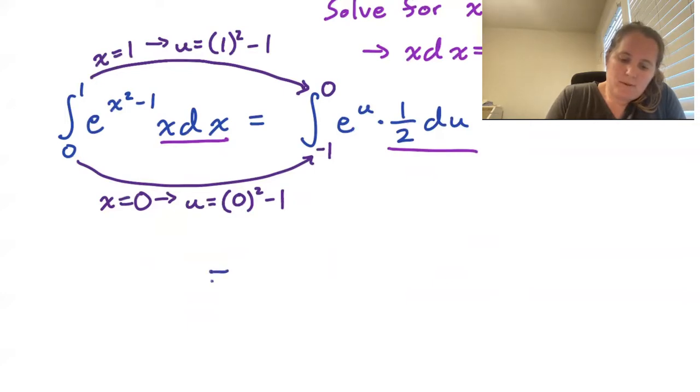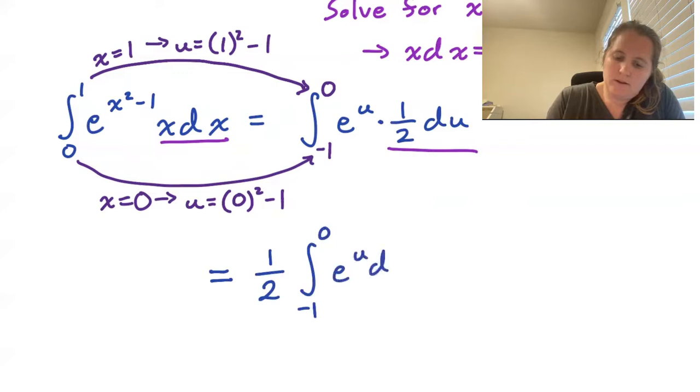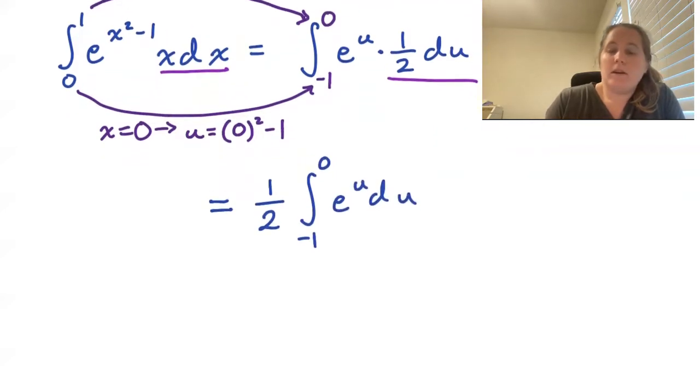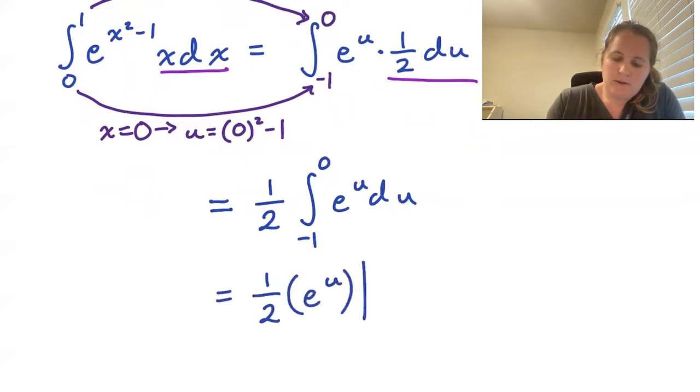So this becomes 1/2 times the definite integral from -1 to 0 of e to the u du. Integral of e to the u is just e to the u. So we have 1/2 times e to the u, evaluated from -1 to 0.